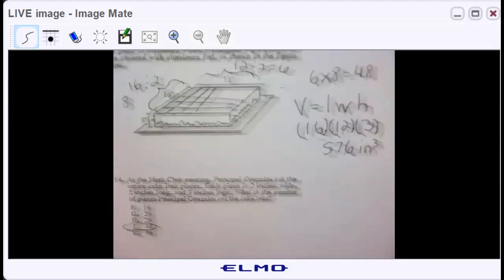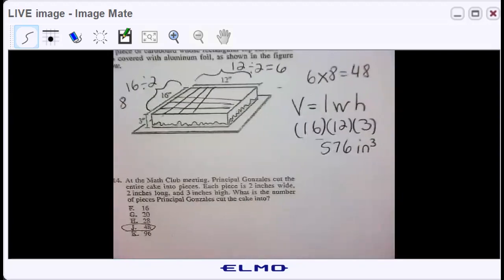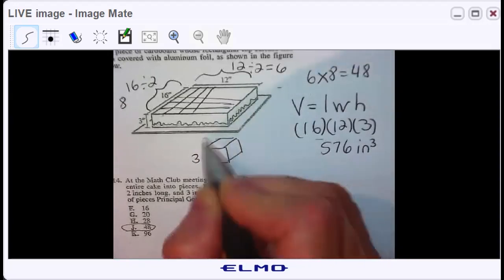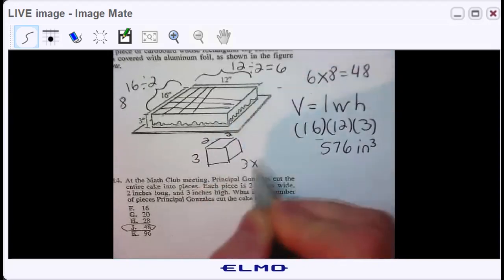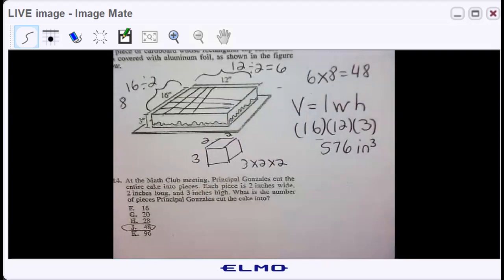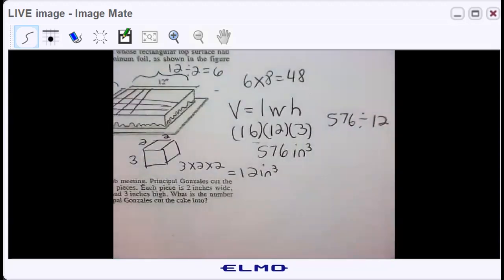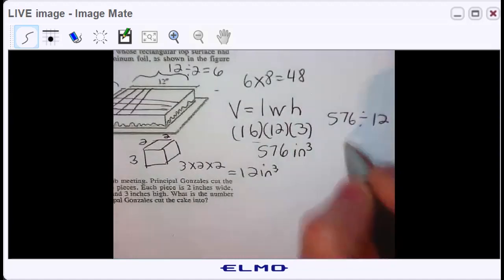And then we want to divide by the volume of just one piece of cake. One piece of cake would look something like so, with dimensions of 3 times 2 times 2. Again, the same length times width times height formula, which would be 12 inches cubed. And then if you divide 576 by 12, if you put that in the calculator, that would also give you the answer of 48.